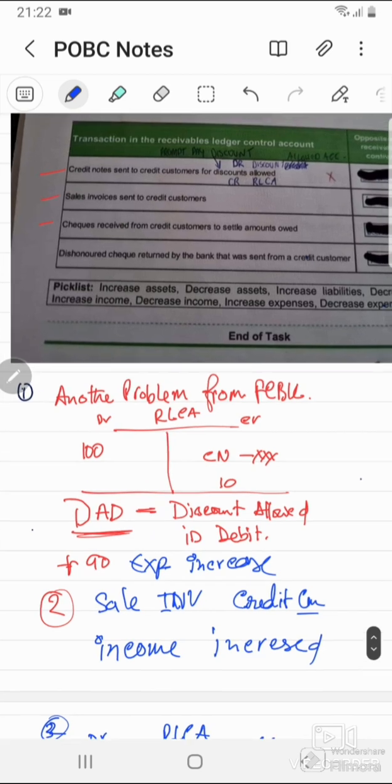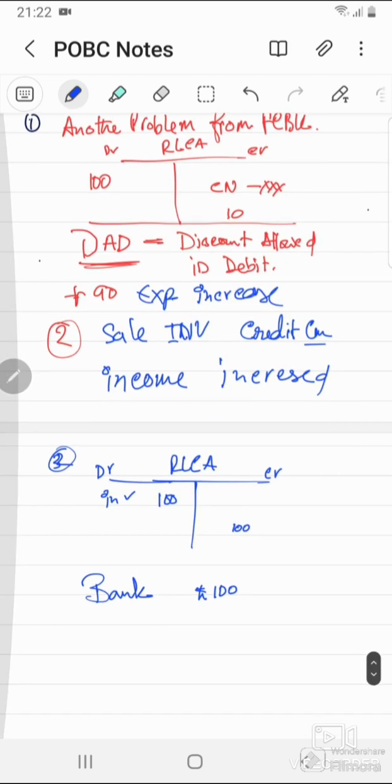Number 3, the cheque received from the credit customer. When the cheque is received, in RLCA my asset actually decreased, but we need to see what happened in the opposite. In the opposite, we got a £100 cheque in the bank. So asset decreased in RLCA, but asset increased in the bank. So it's asset increase.